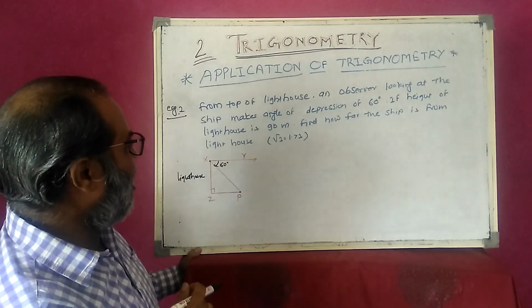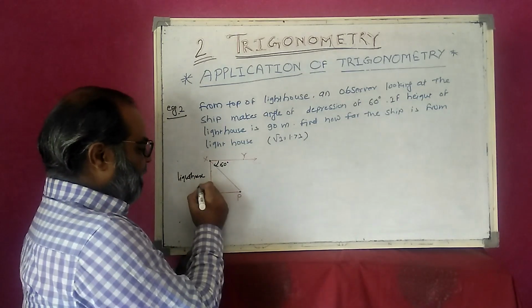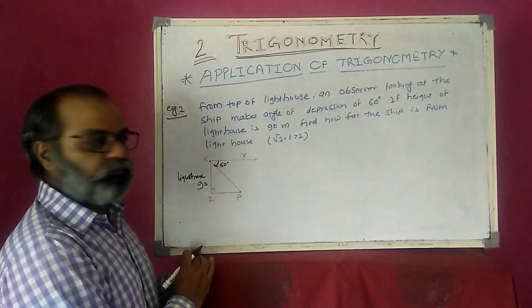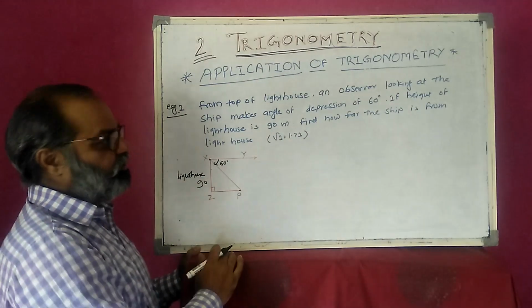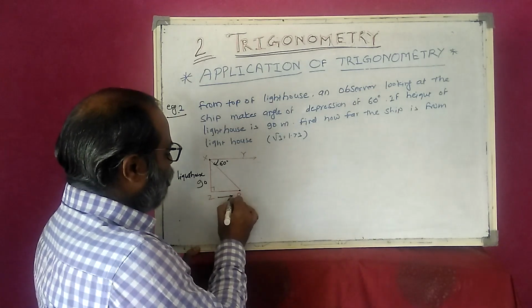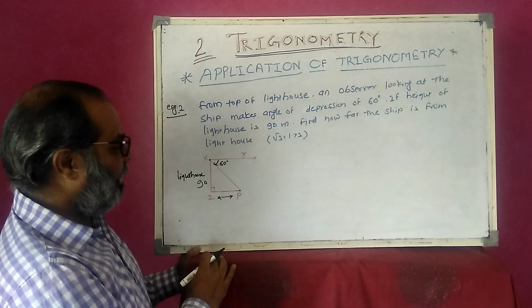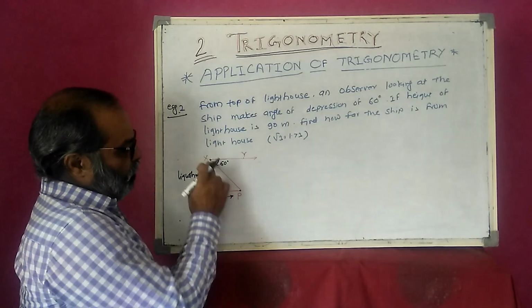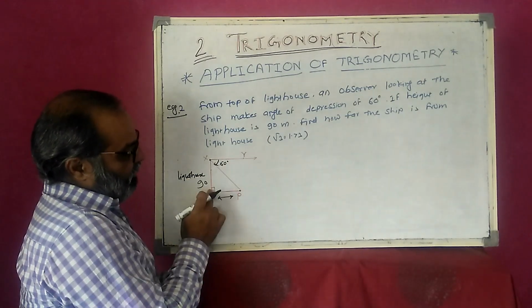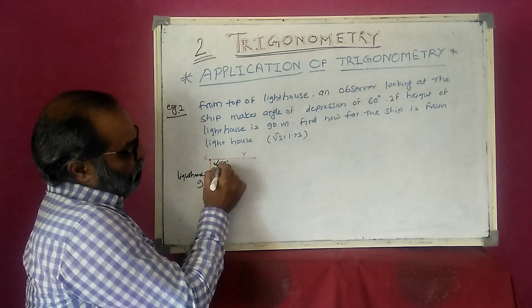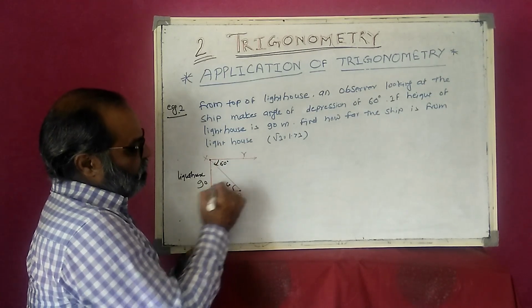If the height of the lighthouse is 90 meters, this is the lighthouse, this is 90 meters. And find how far the ship is from the lighthouse, so you just find the distance ZP. Now look here, a right angle triangle is there. This angle is 60, this is also 60.